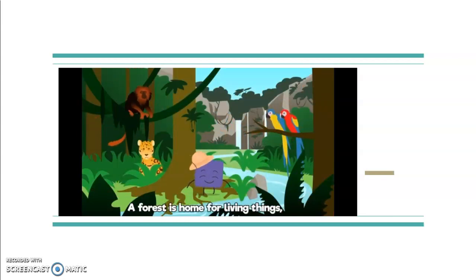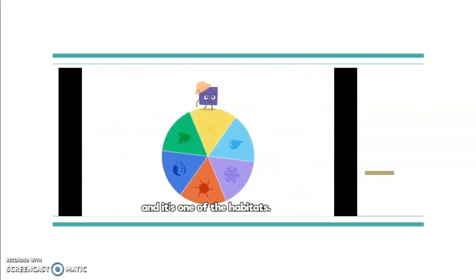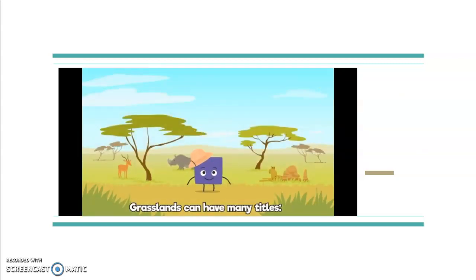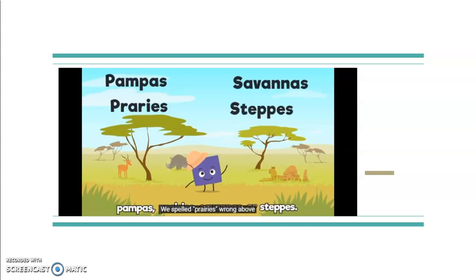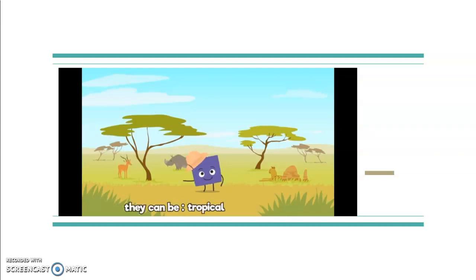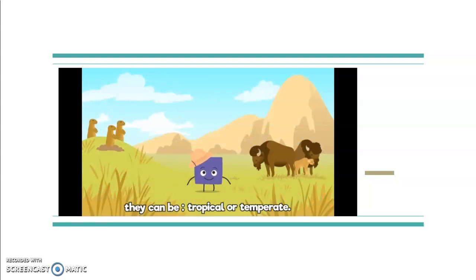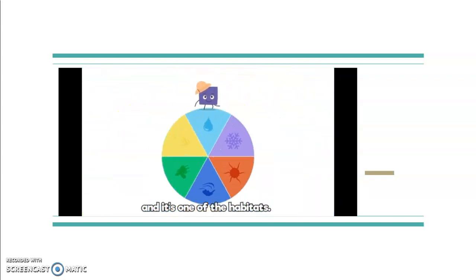A forest is a home for living things, and it's one of the habitats. Grasslands can have many titles: pampas, prairies, savannas, or steppes. And just like forests, they can be tropical or temperate. A grassland is a home for living things, and it's one of the habitats.